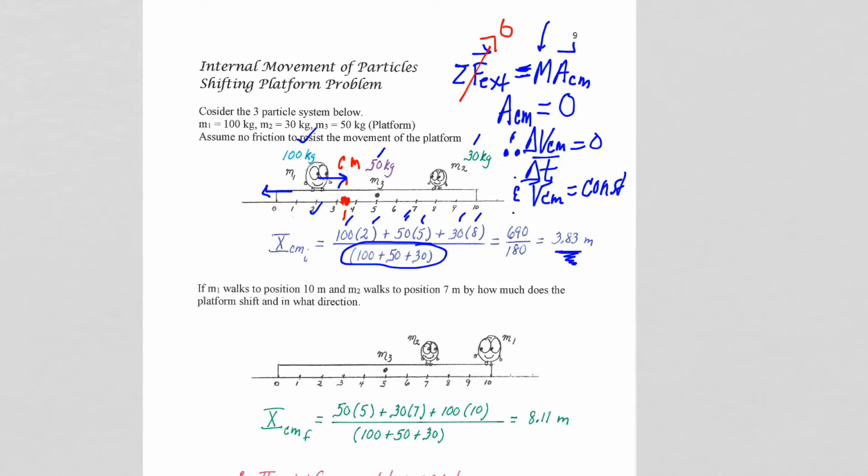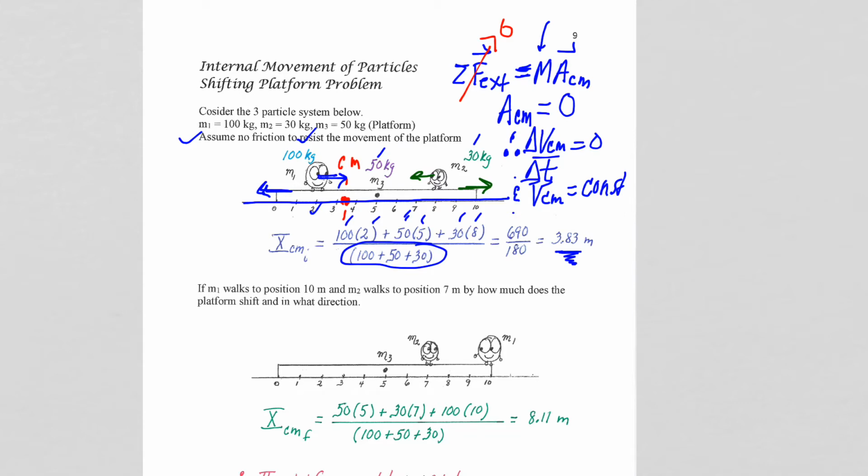And if the platform is on a frictionless surface, as we're told here, to assume no friction to resist the motion, the platform would have to recoil and move to the left as M1 moves to the right. Now, I'll use green, as M2 walks to the left, the platform would want to shift to the right.